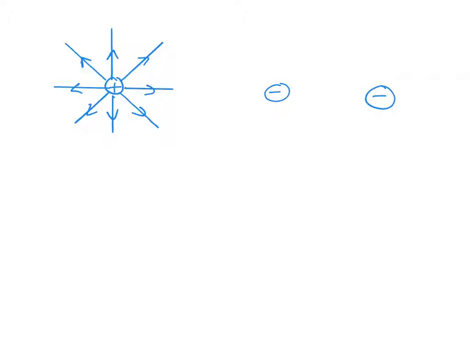A positive charge would be attracted towards the negative, and the same on this side. And if you're on that side, these would all be lines going in.